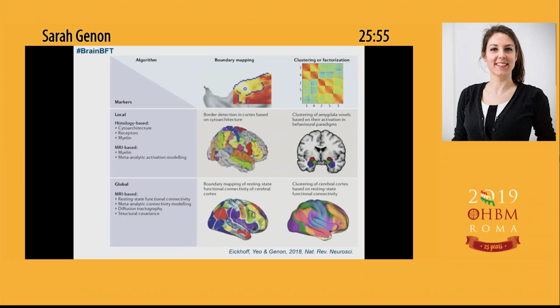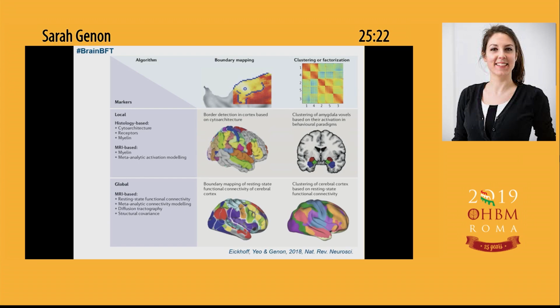As I said, there is really a range of parcellation approaches, and one way to characterize them is first at the technical level, so the type of algorithm that we use. The first parcellation studies that were based on histology employed border detection or boundary mapping approaches. The idea is that an algorithm looks at the pattern, and when there is a change, for example, in cytoarchitecture, it suggests that there is a border there.